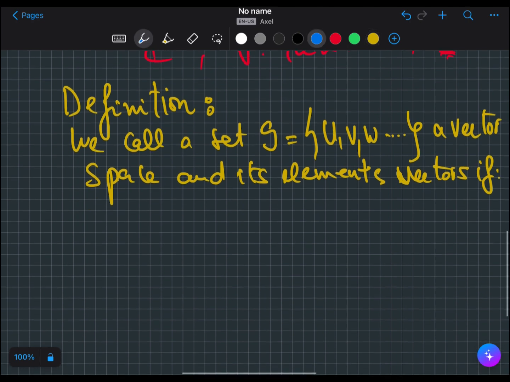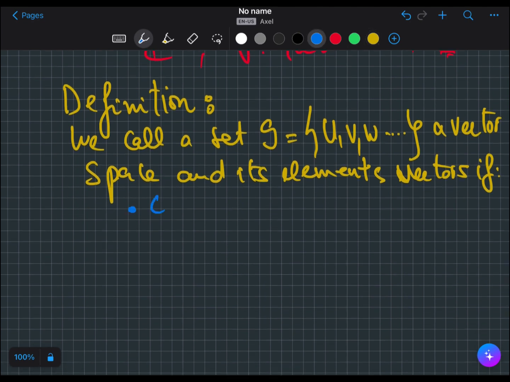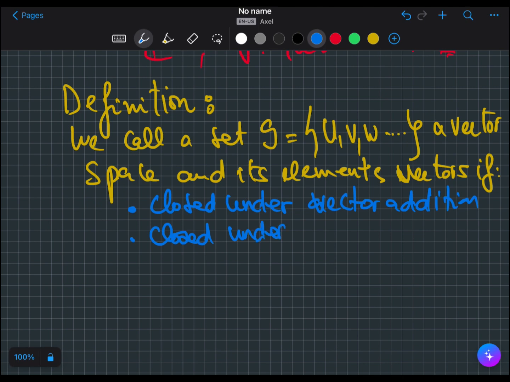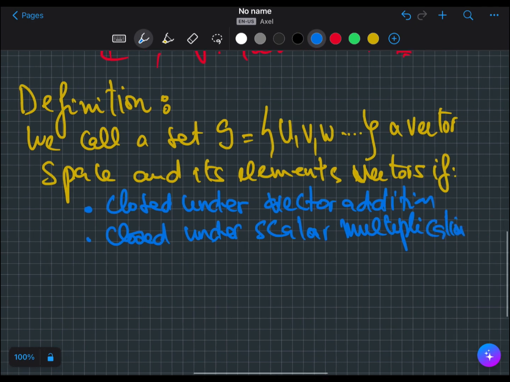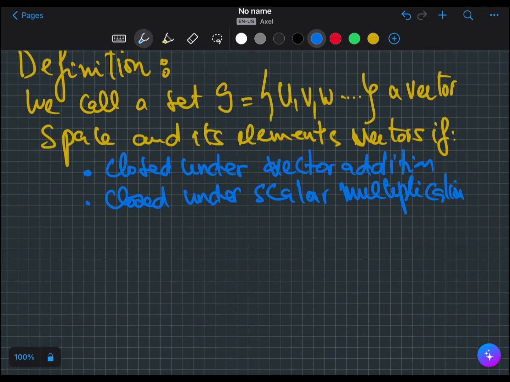The first condition is that it is closed under vector addition, and the second is that it is closed under scalar multiplication. Okay, so these are the two conditions that need to be satisfied to have a consistent vector space.